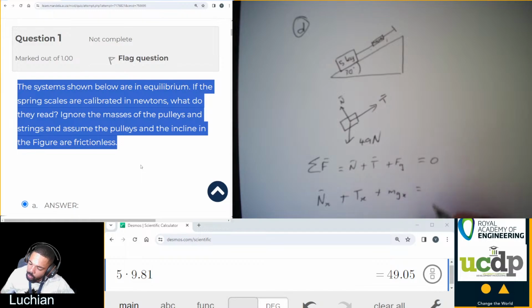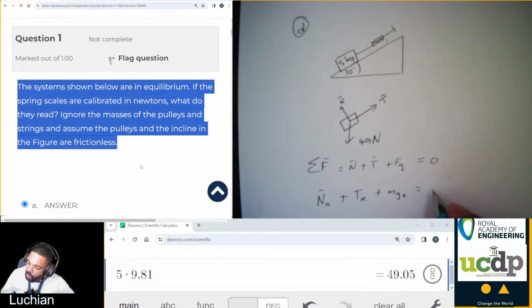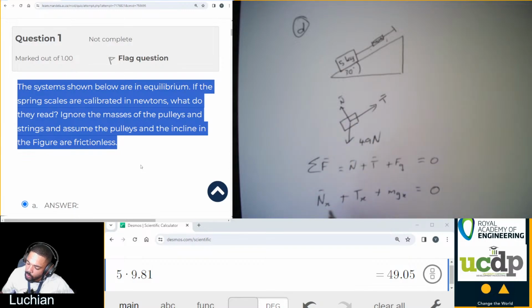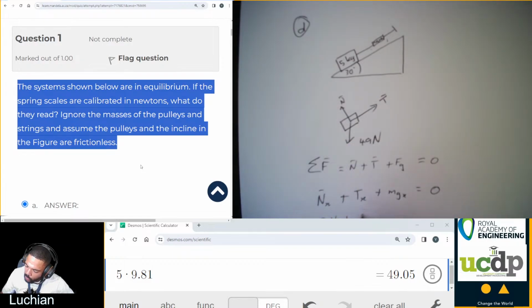So all the x components of all these three forces, only the components running parallel to the inclined plane, should all be 0. Now the normal force has no components along the incline. It's 0 newtons. Now the tension is what we want.